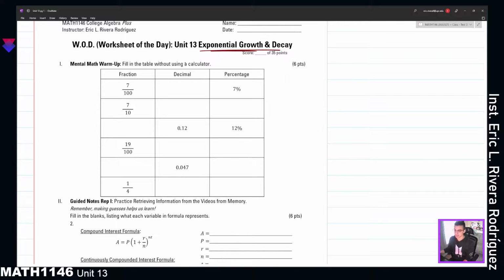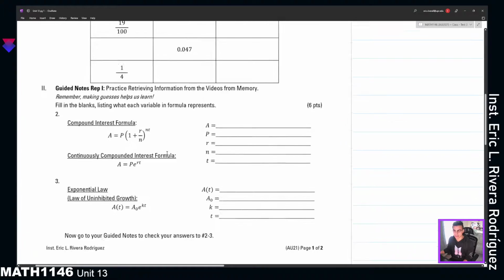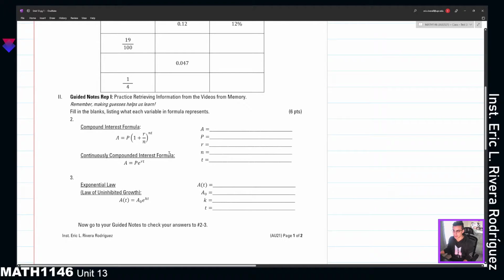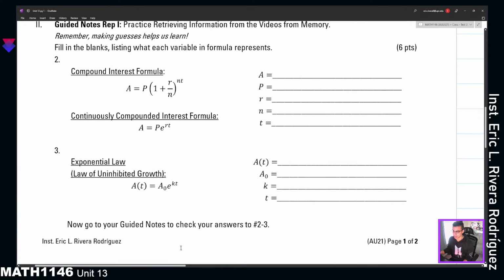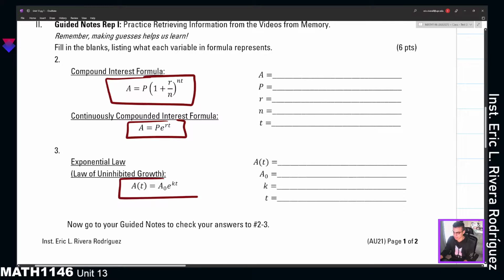Okay, so from the worksheet today, the first thing you want to do is to memorize these formulas. We have three. The first two are related to financial situations. The third one is related to population or biology.